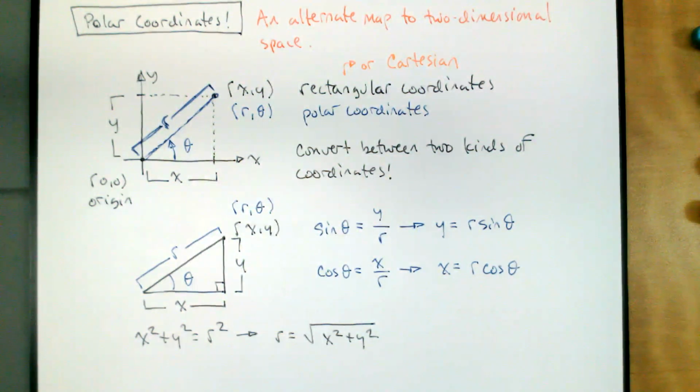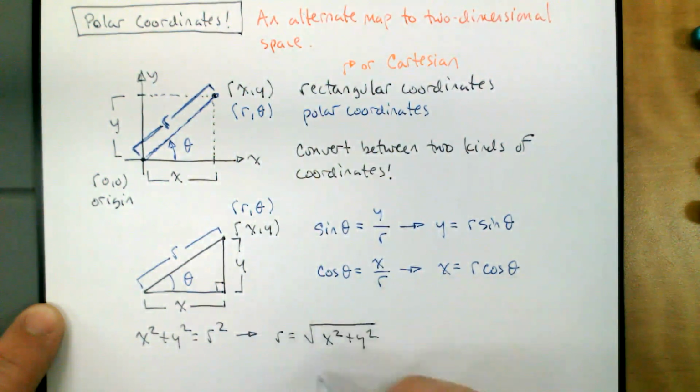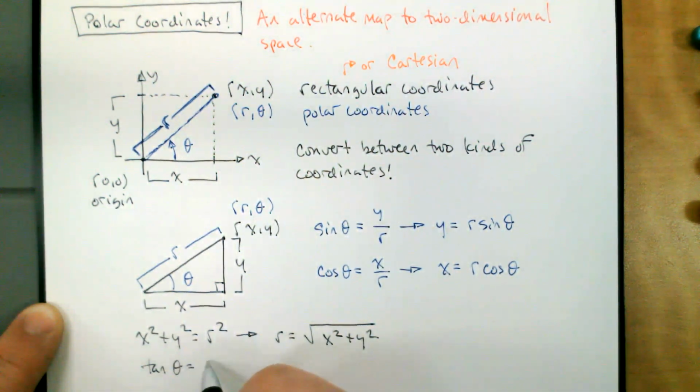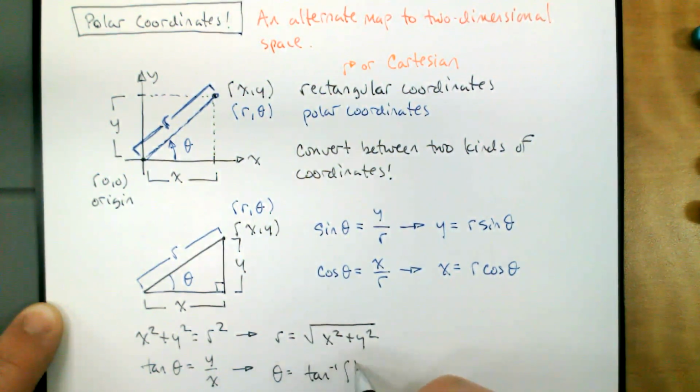If I want a relationship between theta, x, and y, notice that y is opposite theta and x is adjacent to theta. So going back to the very beginning, that means we should use tangent, because tangent of theta is opposite over adjacent. So we might write theta as tangent inverse of y over x.